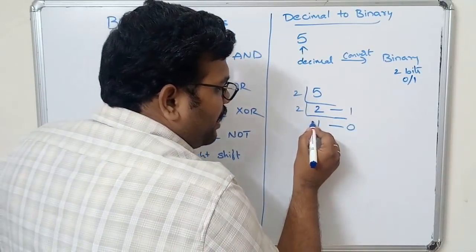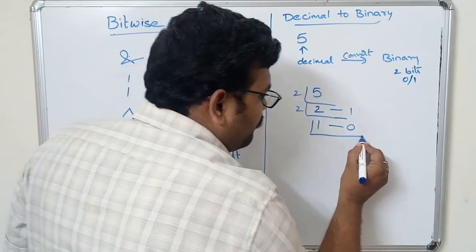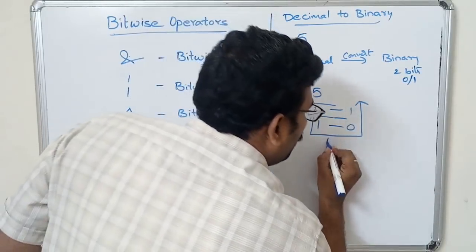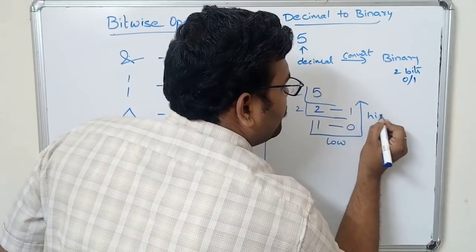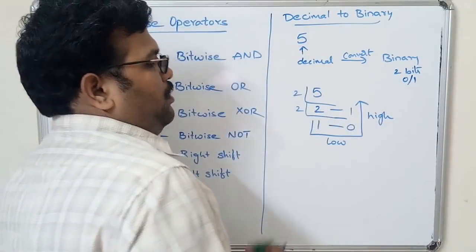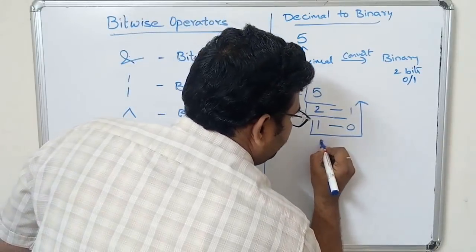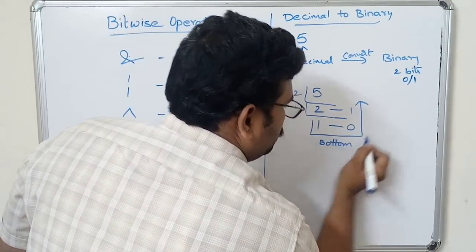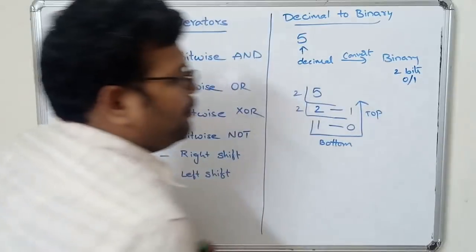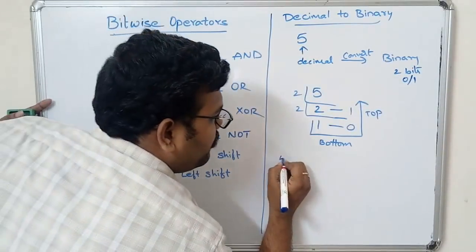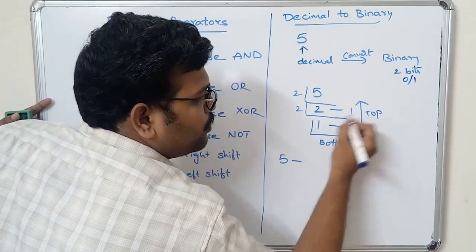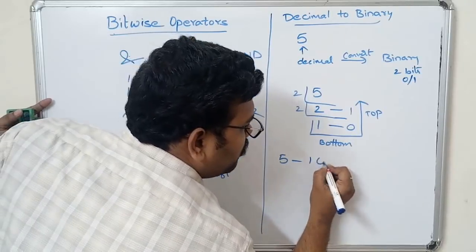Leave it and write the remainders from low to high, or simply we can say bottom to top. So 5 can be represented from bottom to top as 1 0 1.